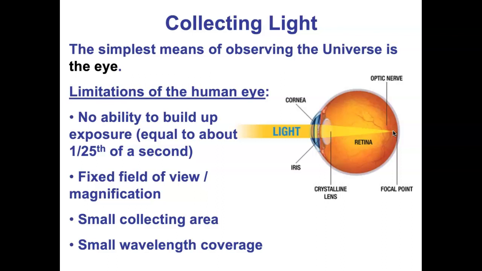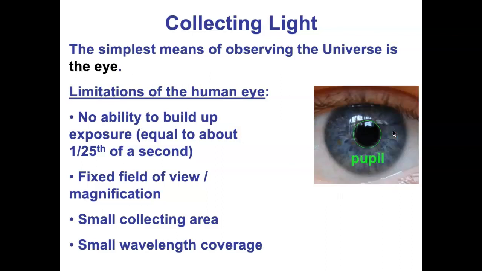That's why your pupils dilate at night. If you go out at night when it's dark, your pupils actually get bigger. Your pupils dilate to create a bigger hole that lets more light in, so that the dark world of the nighttime looks a little brighter, so you can see at night.